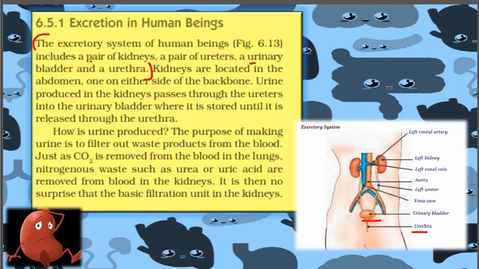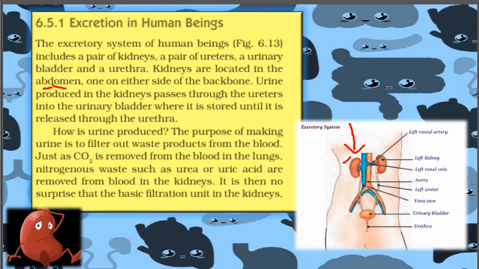Now the kidneys are located in the abdomen. Now we have to remember what the abdomen is. The abdomen is the part of our body below the chest. It contains the stomach also. So what is the abdomen?